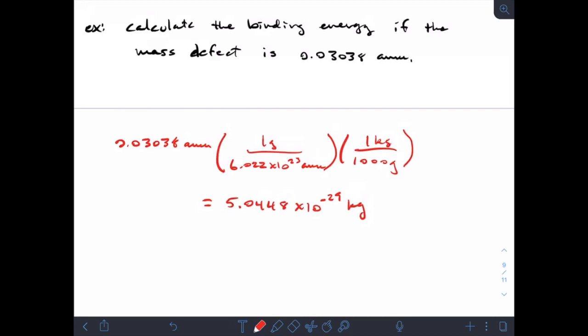Now that I know what the mass defect is in kilograms, I can plug it into E equals mc squared. So delta E equals our mass defect in kilograms times the square of the speed of light.